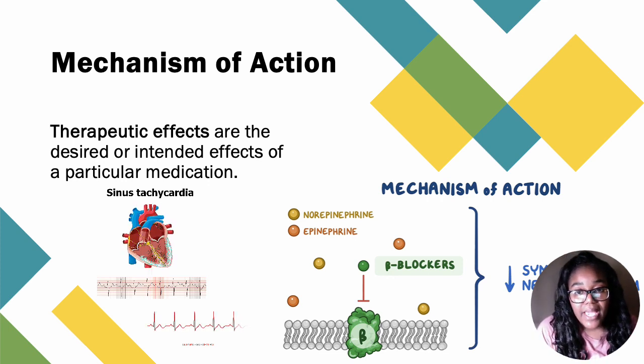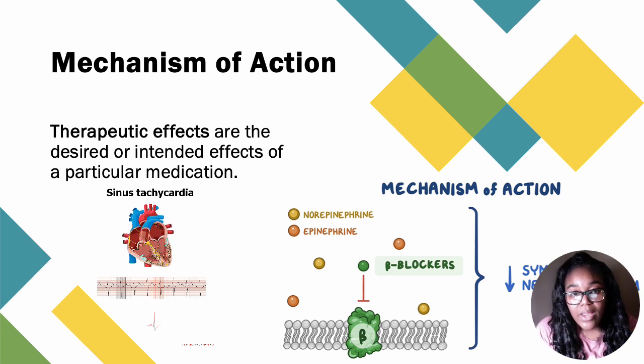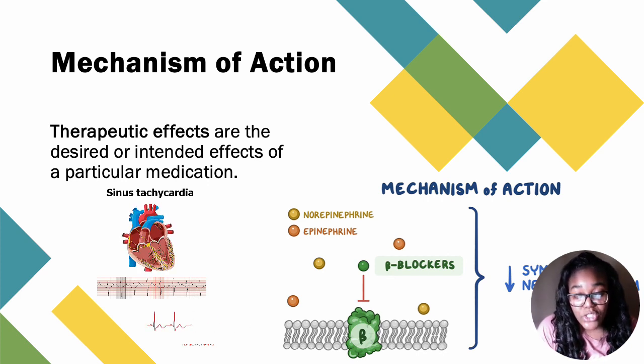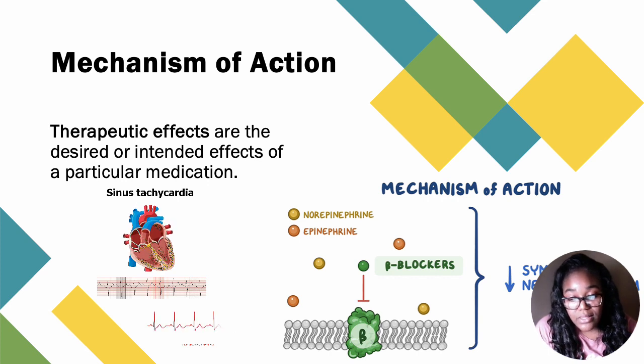So the thing about the mechanism of action is that normally these drugs stimulate or inhibit the natural function of those cells. When we talk about those receptor sites, for example, these receptor sites are naturally forming on our cell, as the chart shows. These beta receptors are naturally occurring on the cell, and the drug of choice here, which is beta blocker, the beta blocker sits inside of this receptor, and then it causes either the stimulation or the inhibition of this receptor.